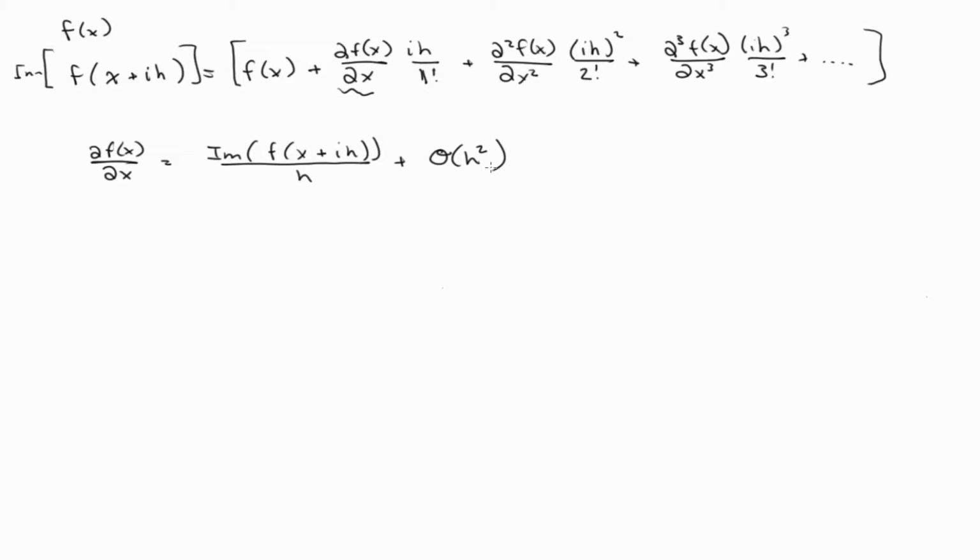So an approximation of the first derivative of the function f of x is the imaginary part of f of x plus ih divided by h plus an error that's of order h squared.